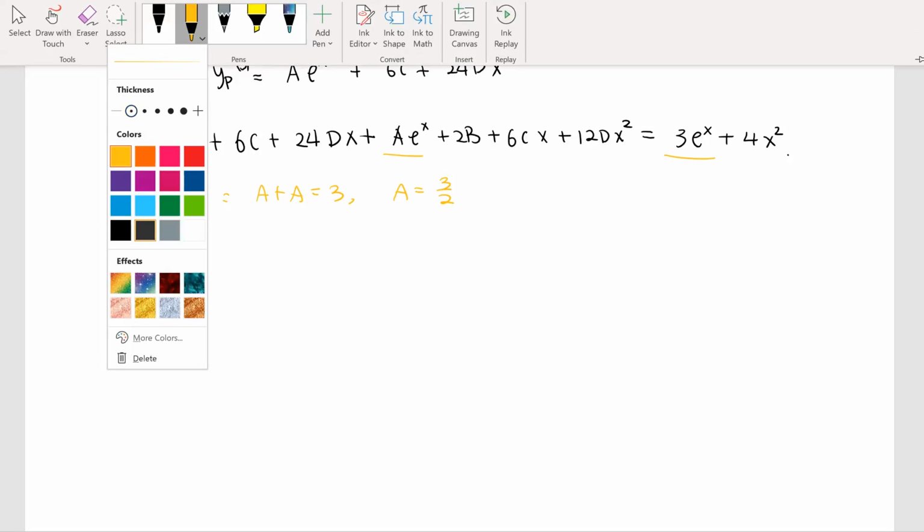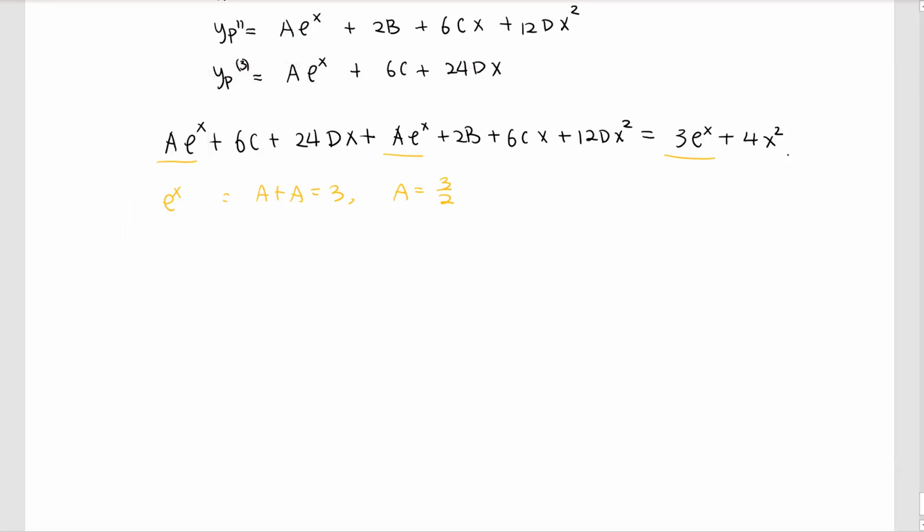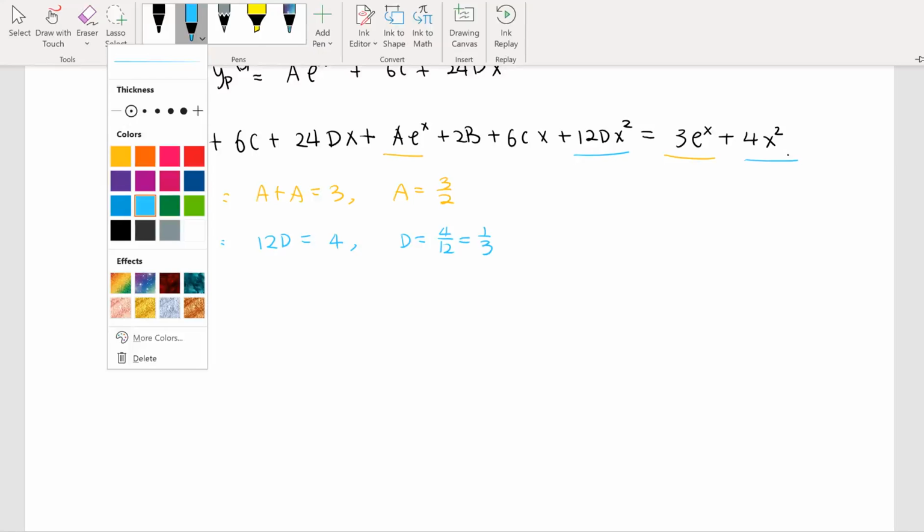And next, which color do we use? How about blue? Next, let's look at the highest powers, x squared. So we have this guy and this guy. So 12d equals 4. Then d is 4 over 12, which is 1/3. Okay, and then we continue.